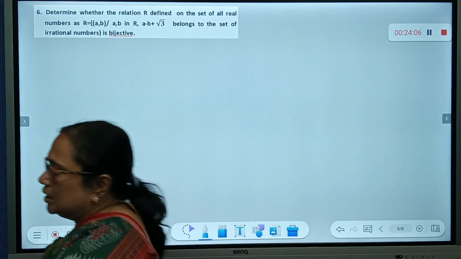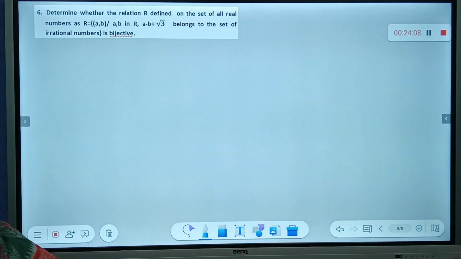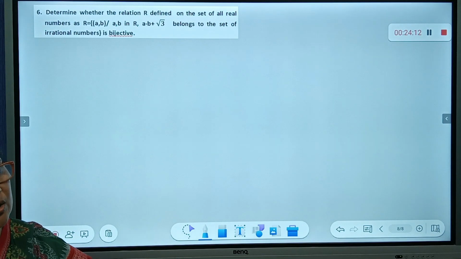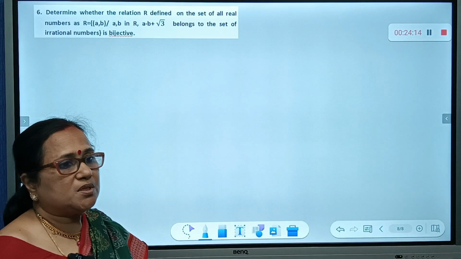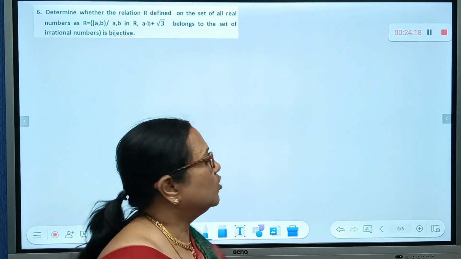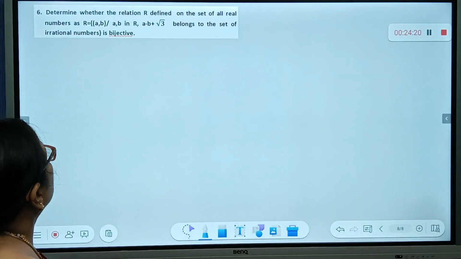Now, we have been looking at relations in isolation, functions in isolation. So now we are going to look at problems which involve both relations and functions. So look at this. This is a very interesting problem.